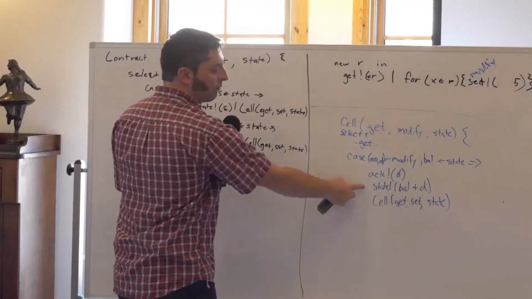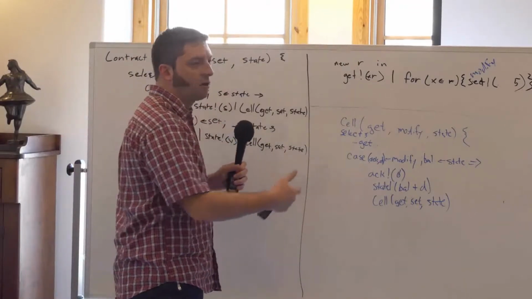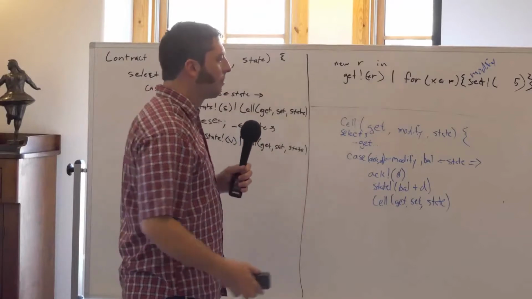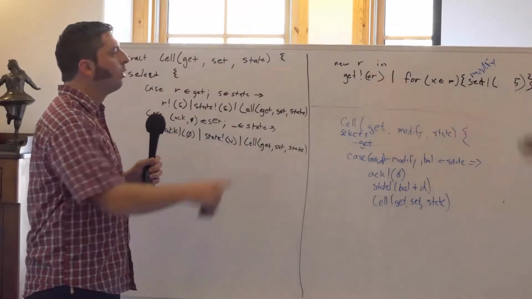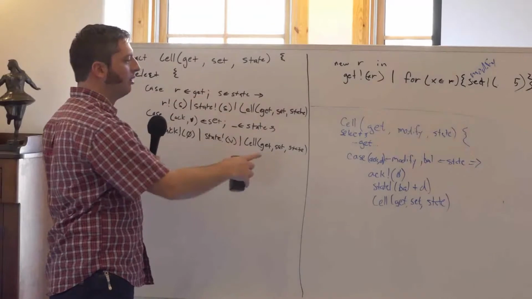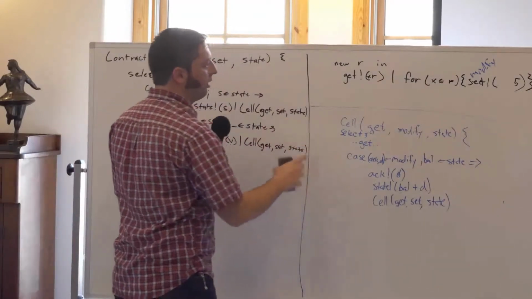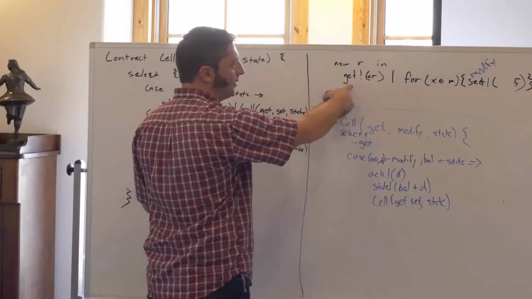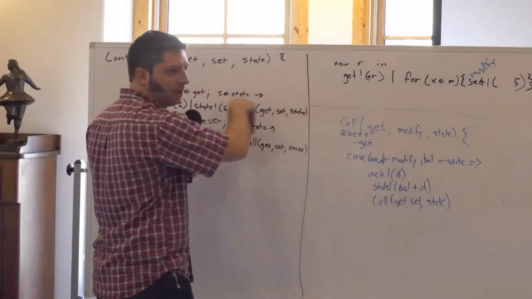Whereas here, the modify basically occurs, in a sense, while it's locked. I see. So I guess the get here is kind of irrelevant, right? No, it's relevant for the example, but this get actually doesn't include this update.